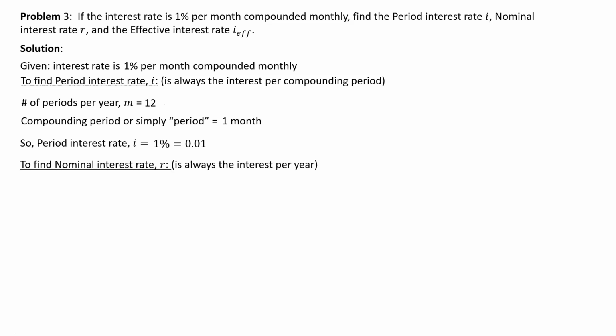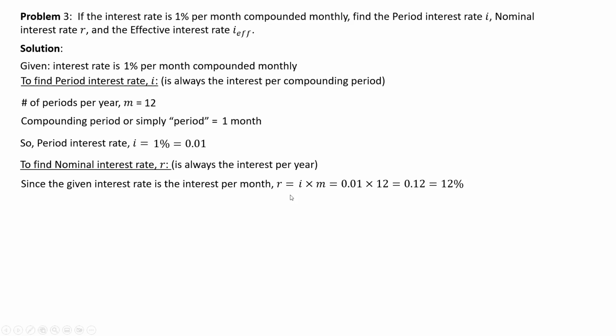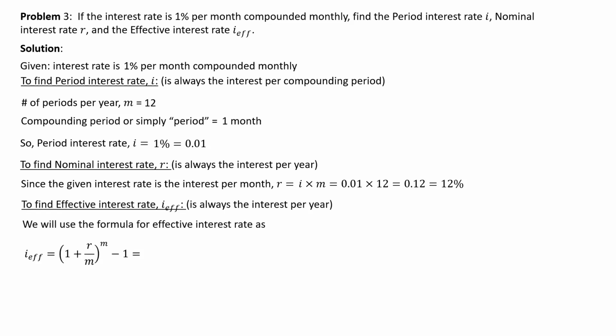Cool. All right. Next, to find the nominal interest rate. Okay. Since the given interest rate is the interest per month, R equals I times M in this case, right? What they said per period is 0.01. So there are 12 periods. So 0.01 times 12 is 12%. Okay. All right. To find the effective interest rate, again, we'll use the formula.